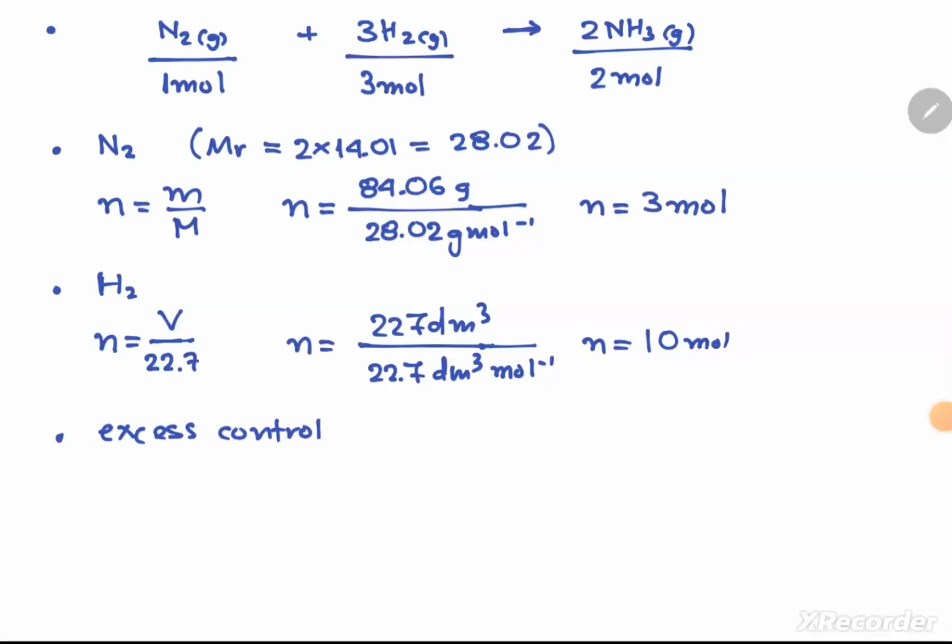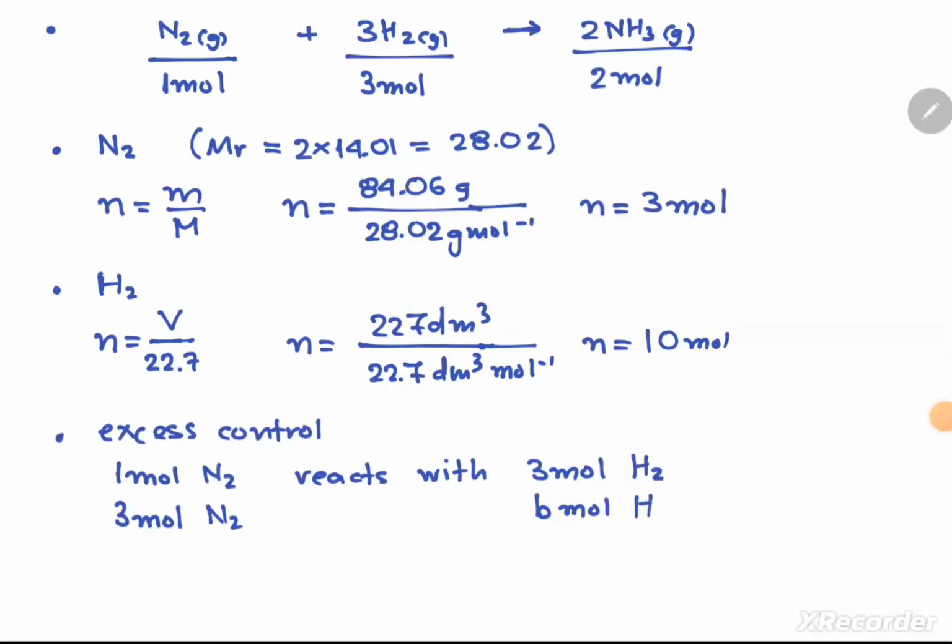We suppose that the 3 moles of nitrogen react completely. 1 mole nitrogen reacts with 3 moles hydrogen. If 3 moles nitrogen react, x moles hydrogen also react.